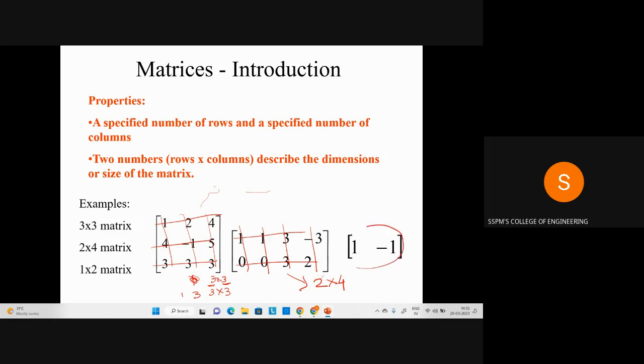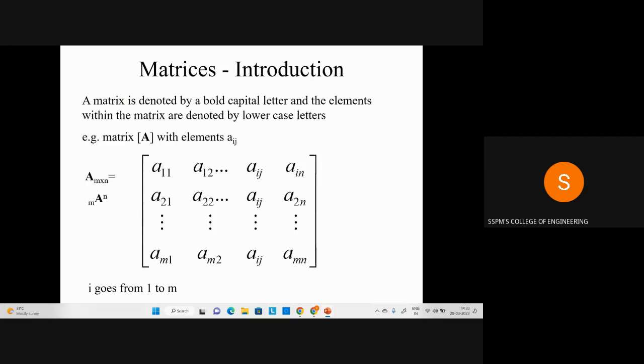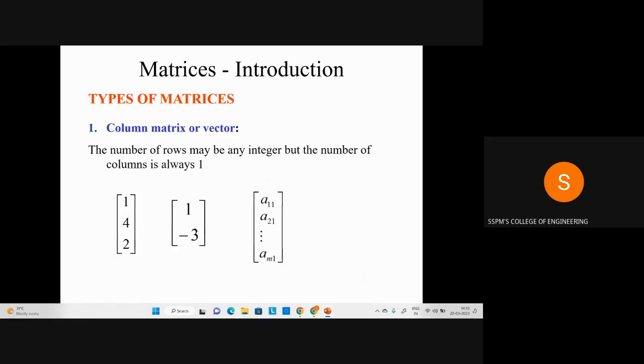For this matrix there is only one row and two columns, therefore the order of this matrix is 1 cross 2. So this is an m cross n matrix. The number of rows is m and the number of columns is n, therefore the order of this matrix is m cross n.